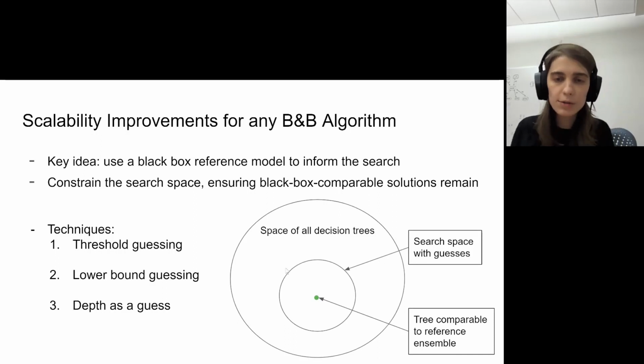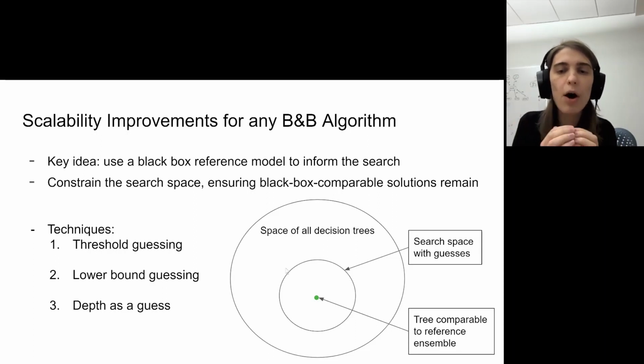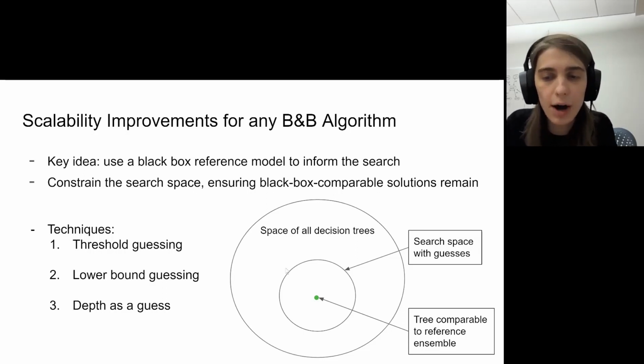So to give a quick illustration, there's the space of all possible decision trees that we could optimize over. But instead, we optimize over this smaller circle. And we can be confident that we'll still find some strong solutions in this space because when we choose the smaller circle, we actually prove that there exist trees that are comparable to our reference ensemble within that space.